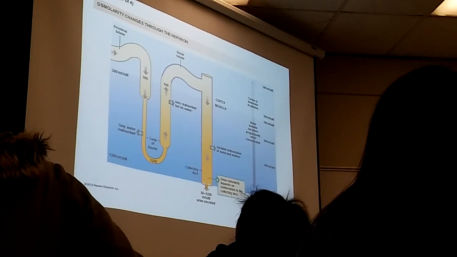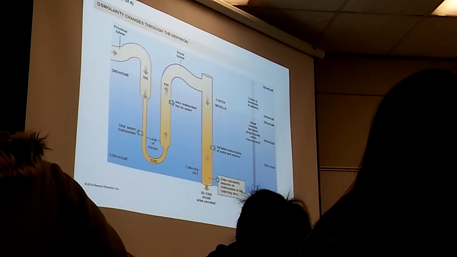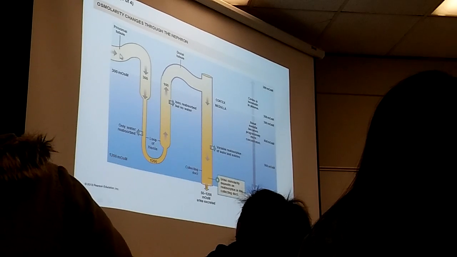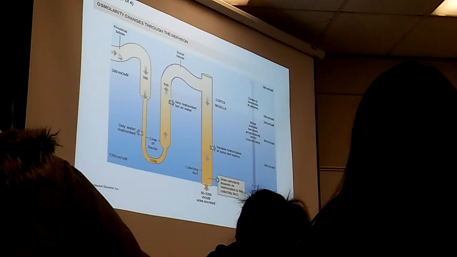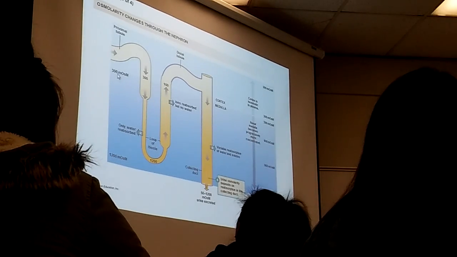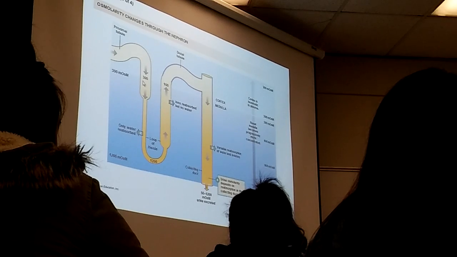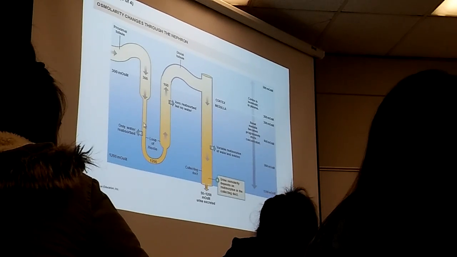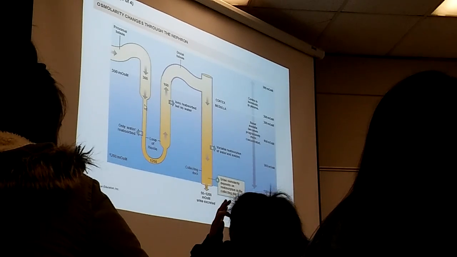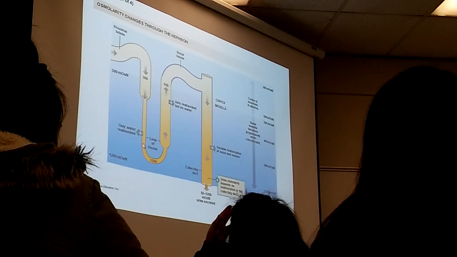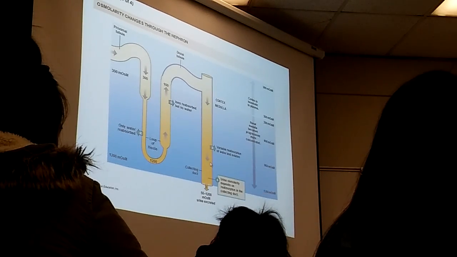So now let's look at the nephron itself. Okay, so the filtrate comes in right here. So here's our PCT, and it is isoosmotic. The filtrate that comes in is isoosmotic with the tissue. So it's at 300 milliosmoles. As it goes down the descending limb of Henle, we'll see that the descending limb is only permeable to water. There are aquaporins in here, and the water is able to leave because we're going to set up a gradient here.